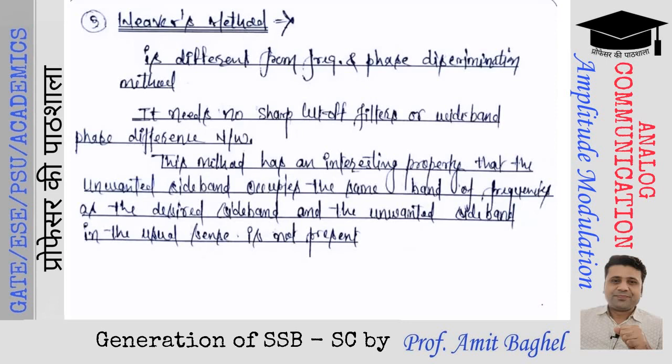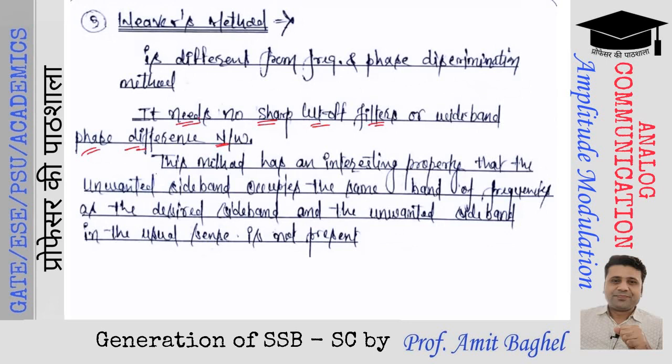See, it needs no sharp cutoff filters or wideband phase difference network. The sharp cutoff filter was the limitation of the frequency discrimination method, whereas the wideband phase difference network is the limitation of the phase discrimination method. But it needs none of them.